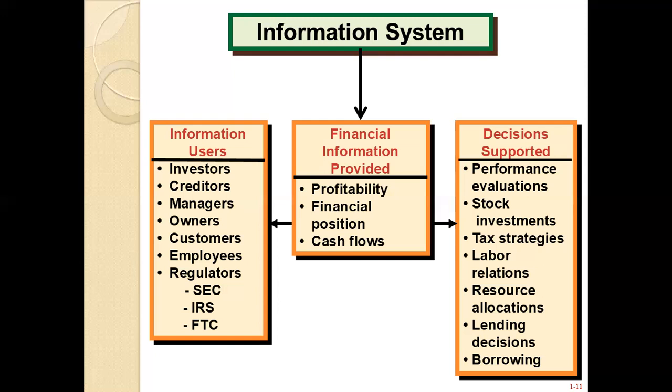Financial information means, first, profitability. Which statement will provide the information on profitability? Do you have an idea? Anyone? Maybe the point comes to your mind. Profitability, that is the profit margin, profit ratio, how much a business earns.